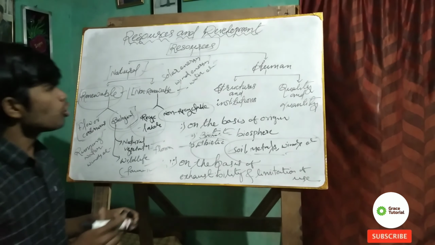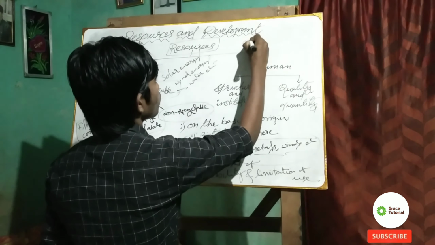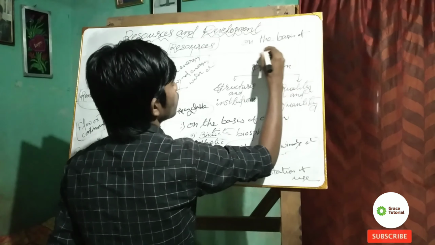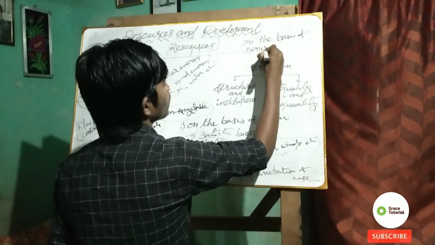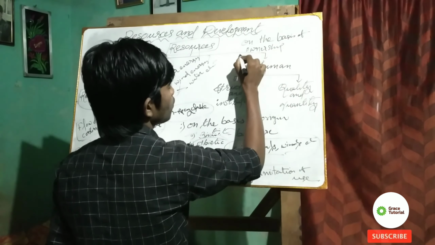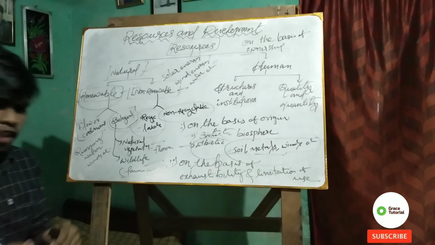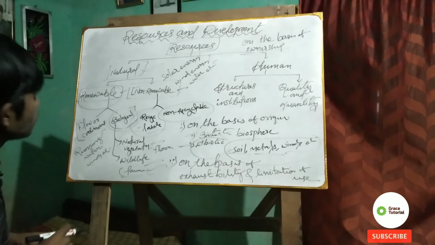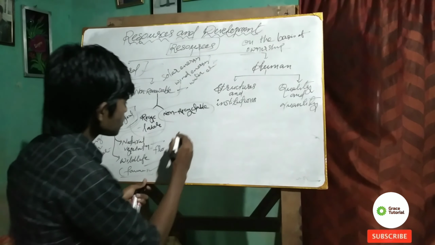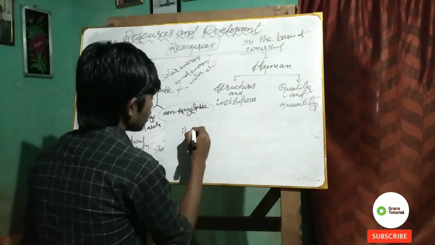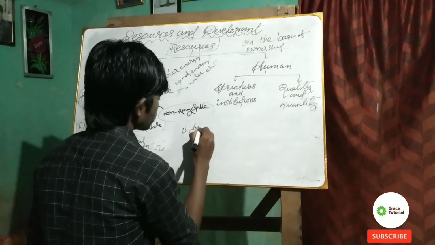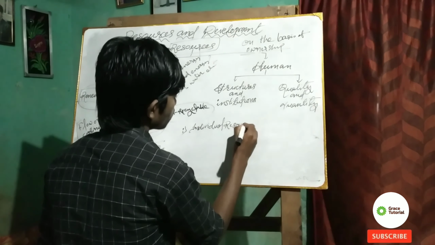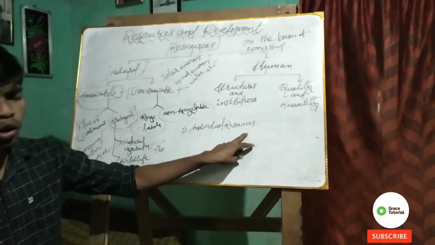Next, if we talk about the basis of ownership, the resources have been categorized into various types. We'll discuss one by one. On the basis of ownership, the resources have been classified into individual resources.